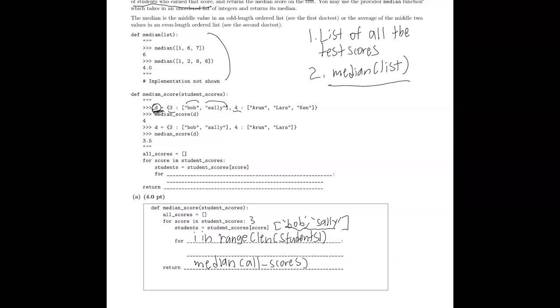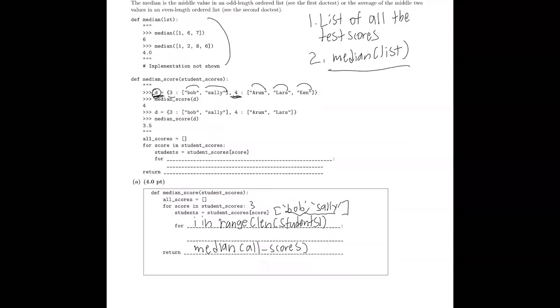And if we're provided with the key 4, we'll iterate over Arun, Lars, and Ken. And you may ask why we want to do that. Well, by doing this, we can keep track of how many times we want to add our test score to our list. So simply put, all we have to do now is append the current score that we're using to all scores. And that's pretty much it.